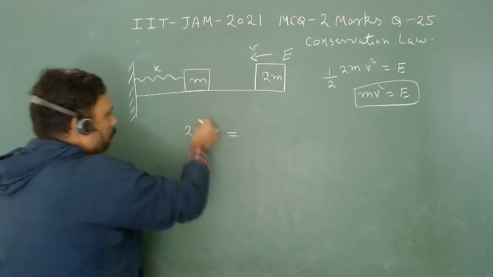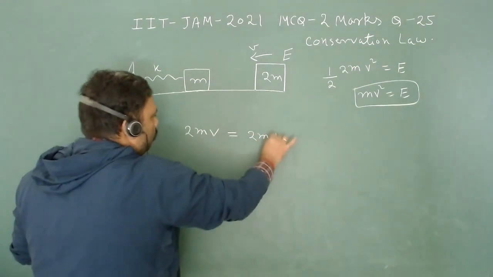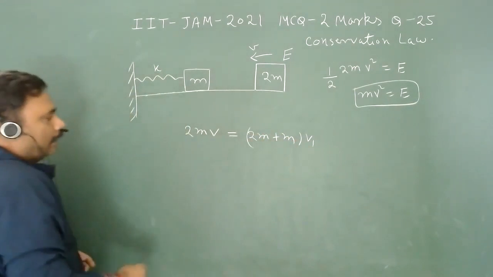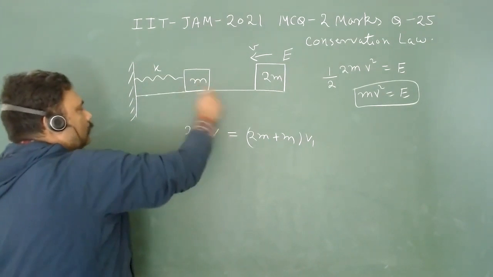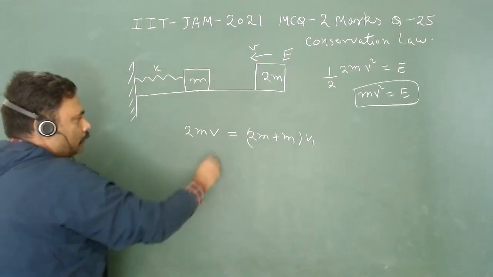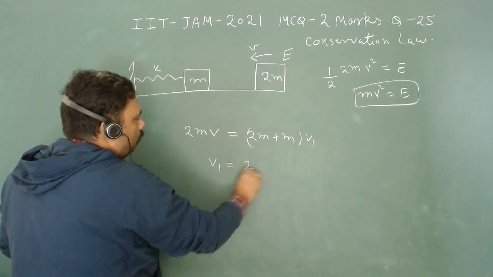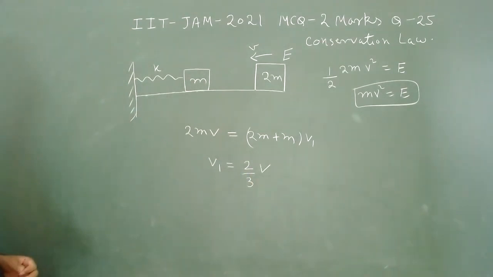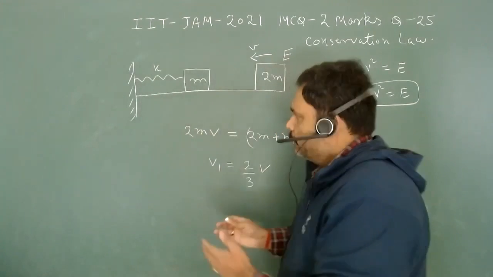The final momentum is (2m plus m) into v1. So we can get the value of v1, the velocity of the combined system just after collision. So v1 is equal to 2 upon 3 v.